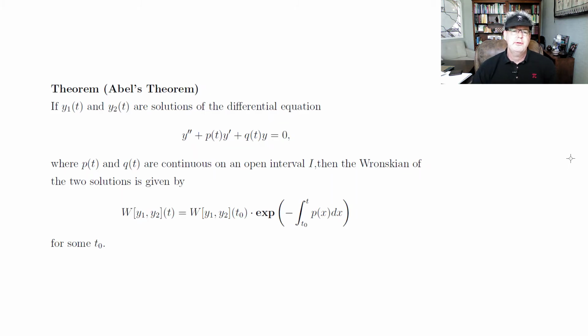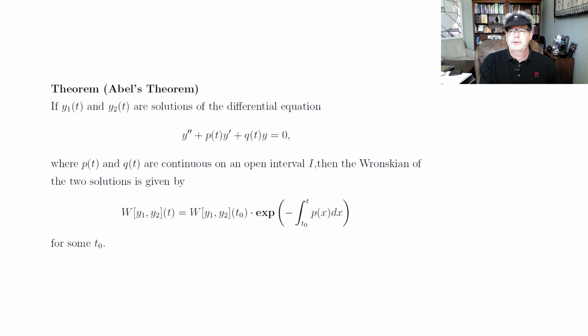So here is Abel's theorem. One version, not the version I'll use. Basically, for the second order differential equation in standard form, the Wronskian is given by the Wronskian at t naught times e to the negative integral from t naught to t.